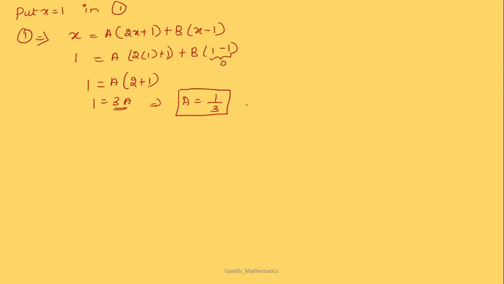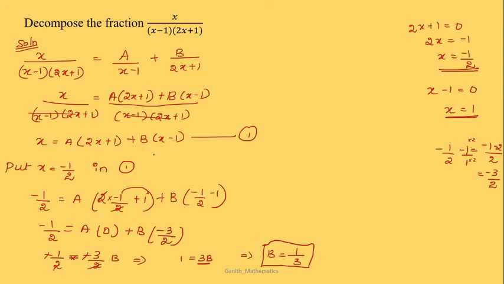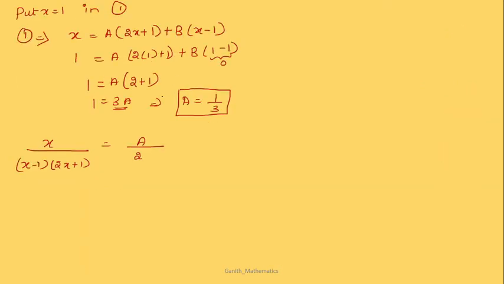We are going to substitute in the very first equation, that is x divided by x minus 1 into 2x plus 1 equal to a divided by x minus 1 plus b divided by 2x plus 1.